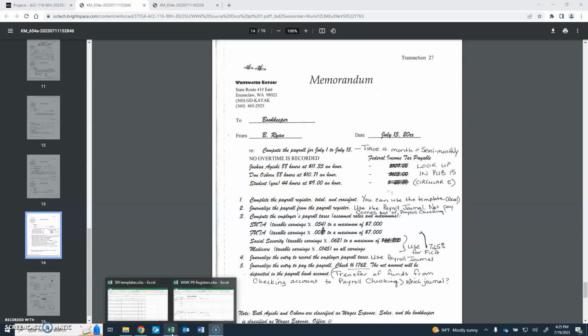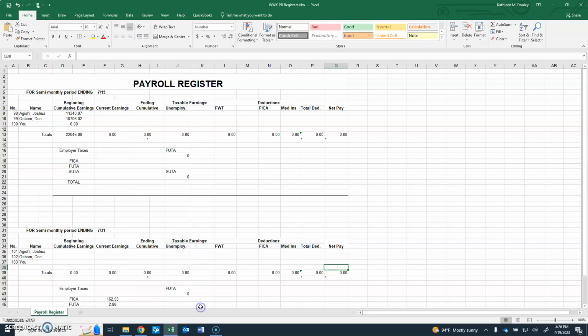And you were given a payroll register template. Here it is. I've already got a Joshua done, and you, of course, can change your name from "you" to whatever your name is. And the beginning cumulative earnings is in there.